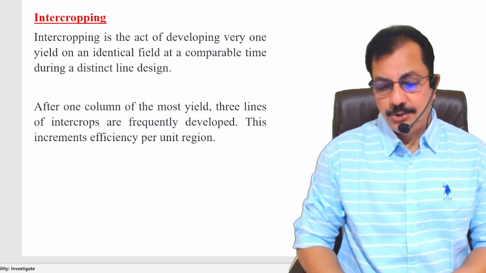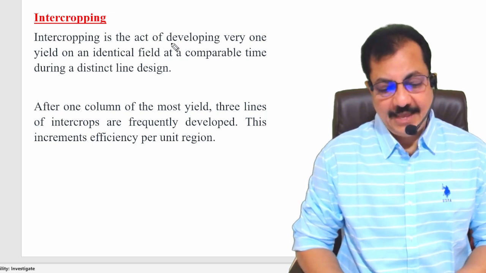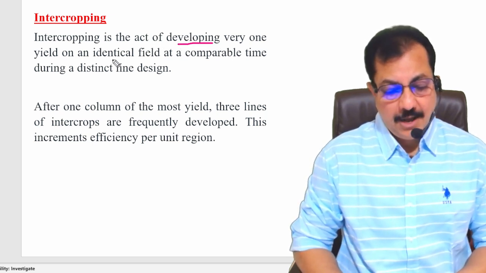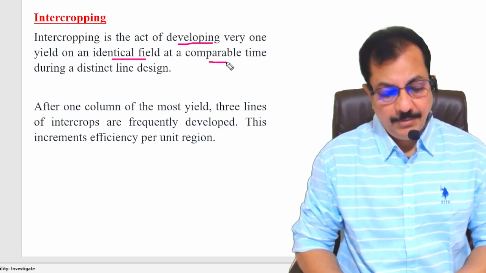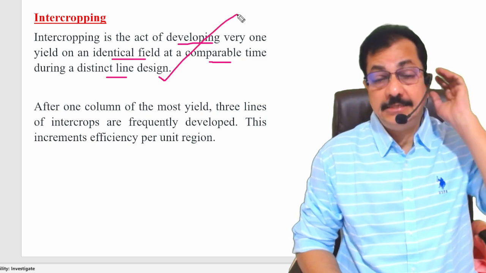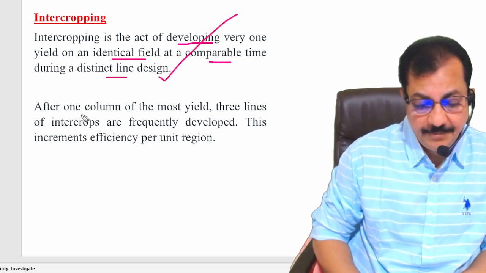Now look at this. So next one is intercropping. It is the act of growing more than one crop on an identical field at the same time in a distinct row design. This is called intercropping. Look at this. What is happening here?